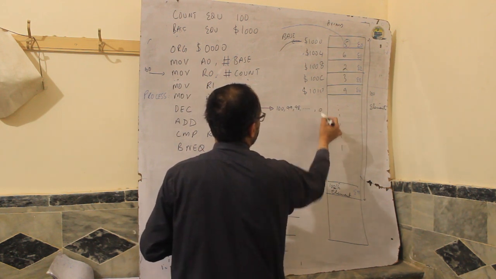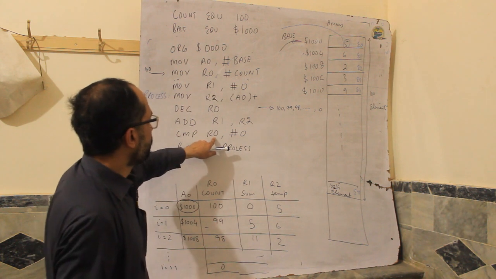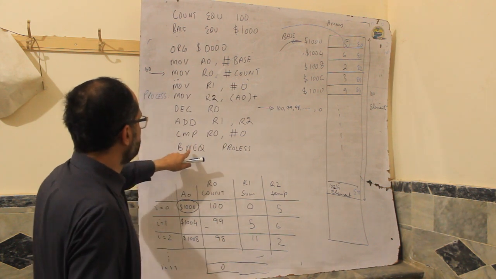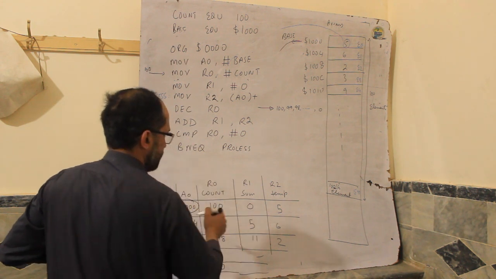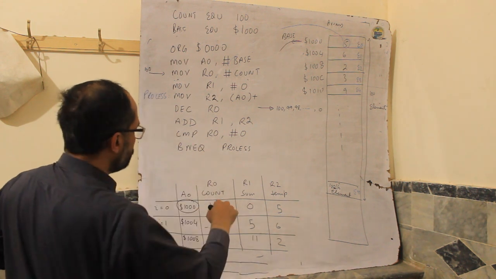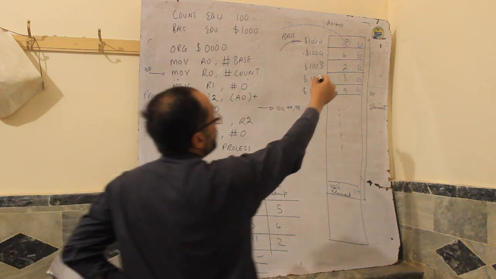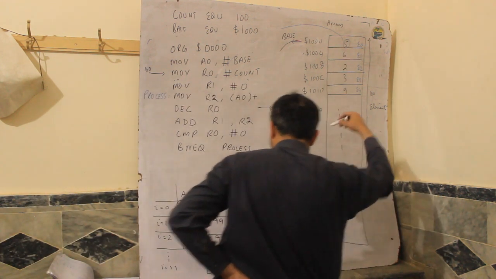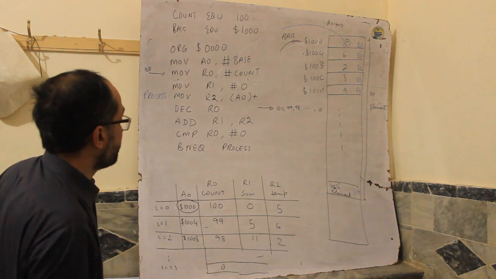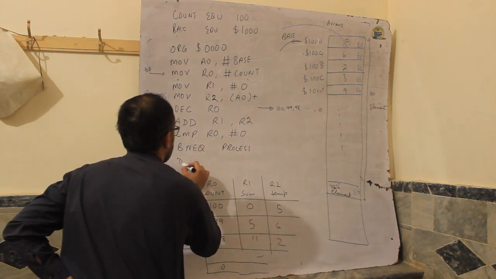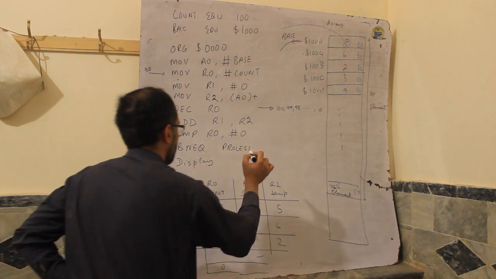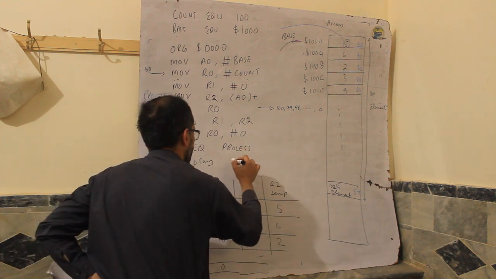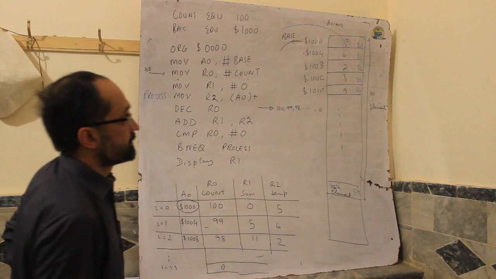When it reaches 0, it will come out of the loop, and at the end of this loop, all the elements of the array have been summed. So now we can display R1. R1 contains the sum.